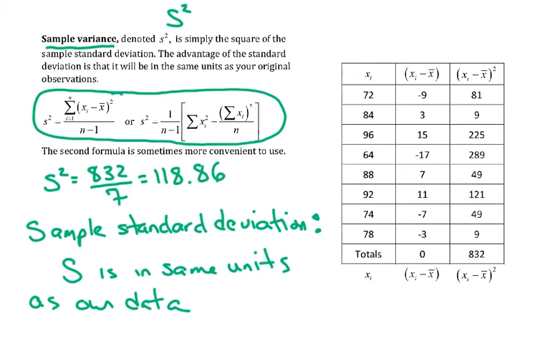But for us, more important is going to be the sample standard deviation. This is an important concept in statistics, and there are two formulas here that look very different. But actually in practice, the second one is easier to use if you have to do it. We won't have to do it.